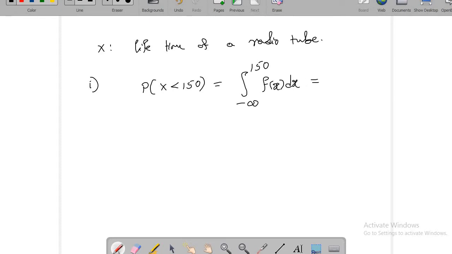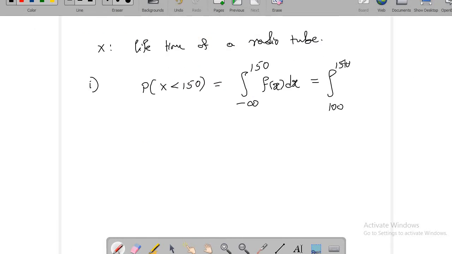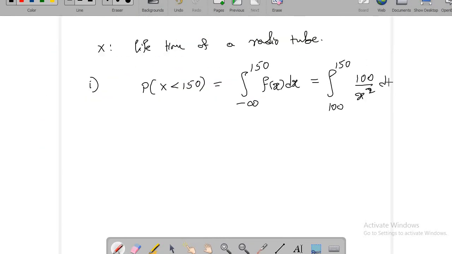So according to the formula, this is the integral from minus infinity to 150 of f of x dx. But you know the function is non-zero from 100 onwards. You can see it here, from 100 onwards only it is non-zero. So this is 100 to 150, and the function is 100 divided by x square, into dx.